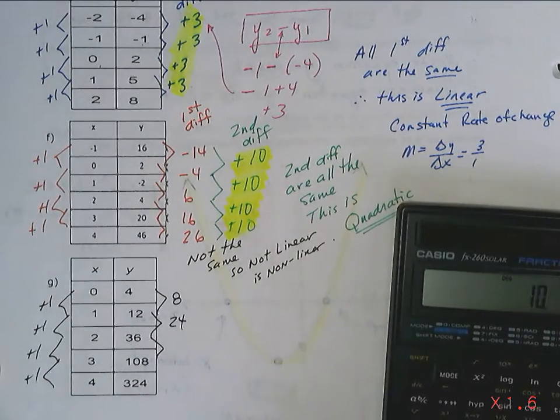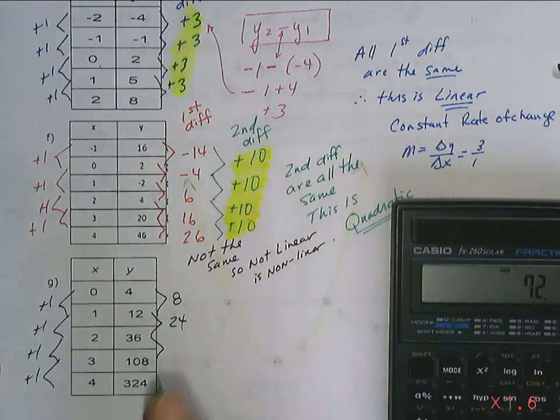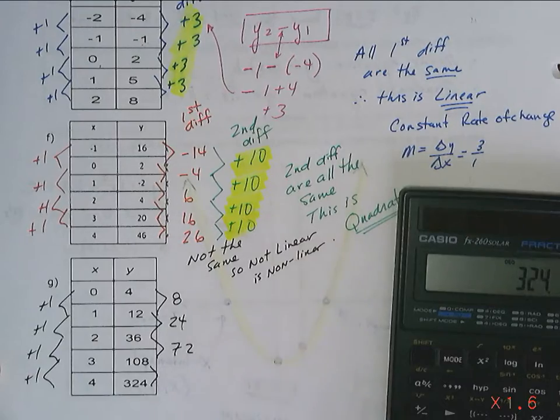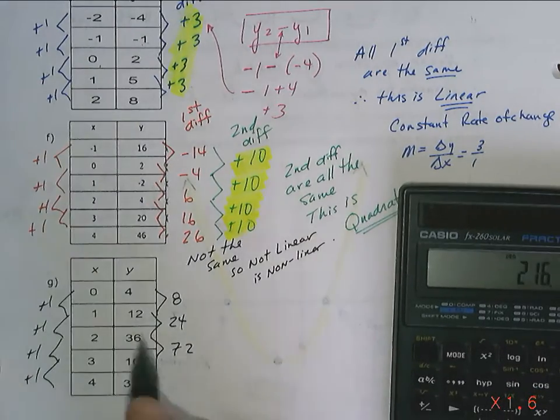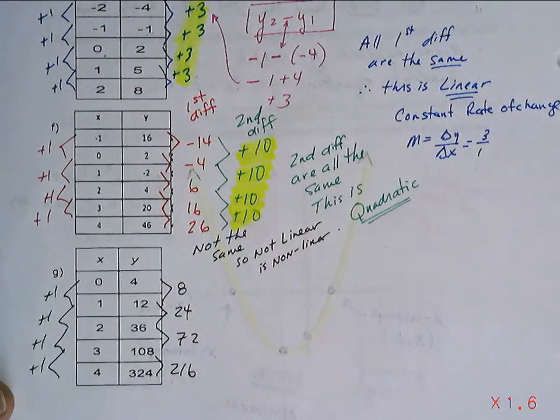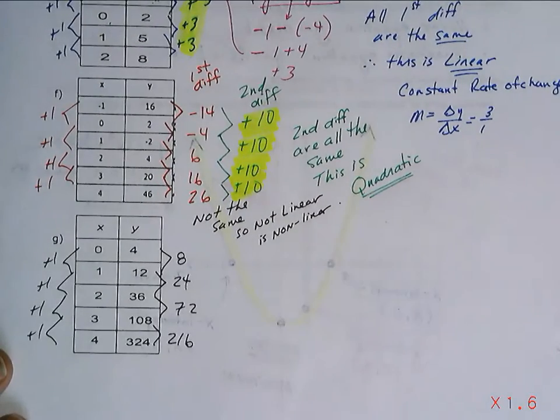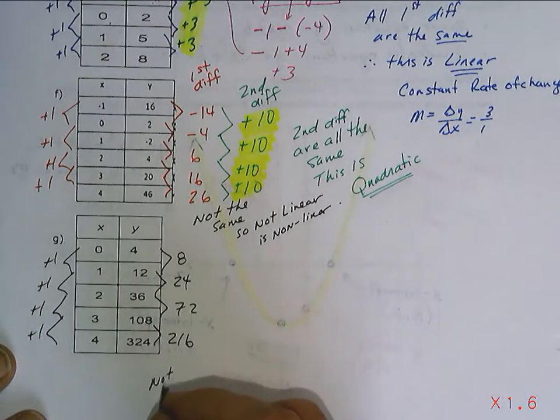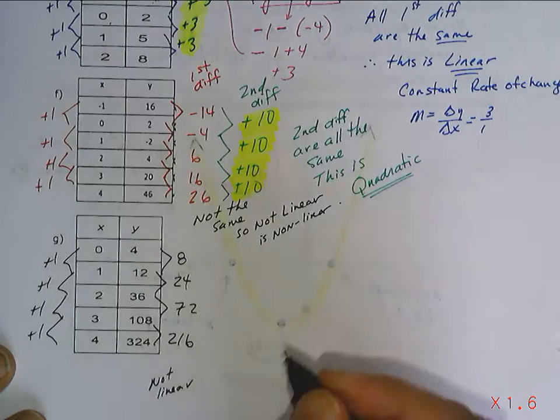So 108 subtract 36, 72. And 324 subtract 108 is 216. So those are my first differences. Are they the same? No. What does that mean? Not linear. That's all that means.